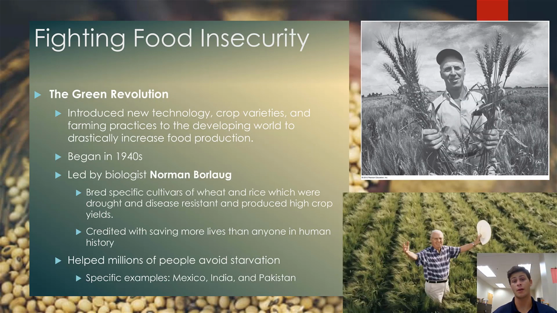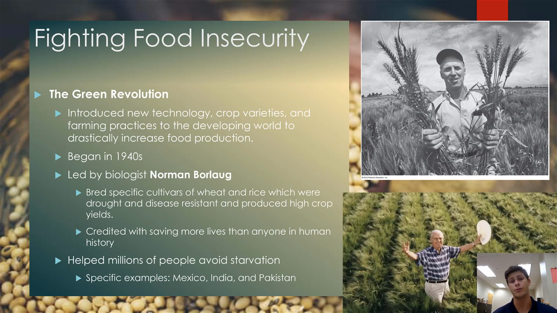And now that we've discussed some of these specific instances, examples, and conditions associated with a lack of food security, we're going to talk a little bit about fighting food insecurity globally and something called the Green Revolution. The Green Revolution was a revolution in agriculture around the 1940s that introduced a variety of new technologies, crop cultivars or crop strains, and farming practices to the developing world, so those third world and impoverished countries, that drastically increased food production globally.